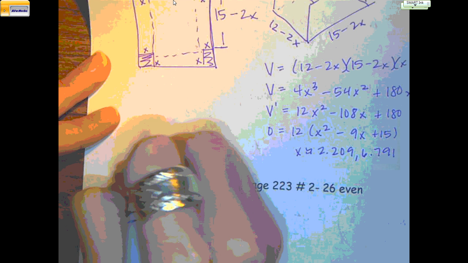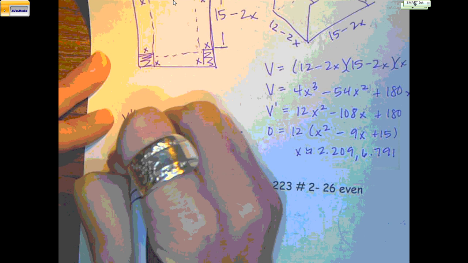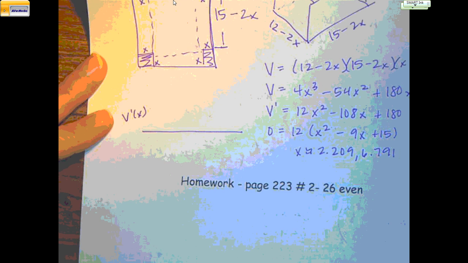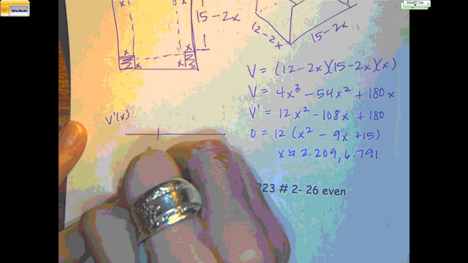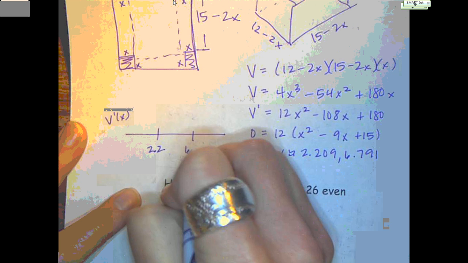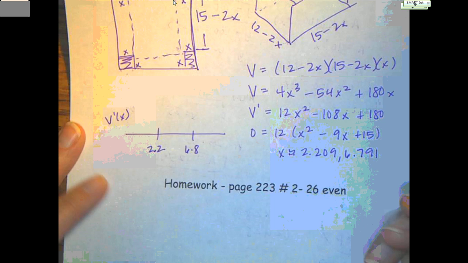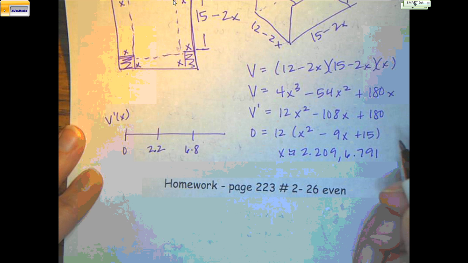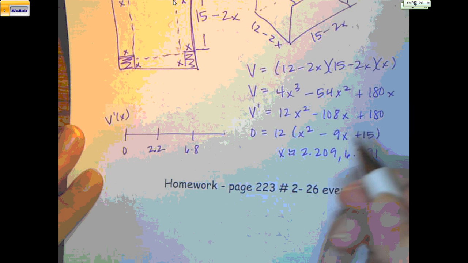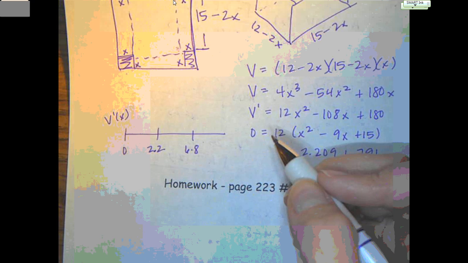So we do our little number line. And I've got 2.2-ish. And I've got 6.8-ish. And the smallest that x could be is almost 0. And then the largest that x could be, I don't know, let's see here.